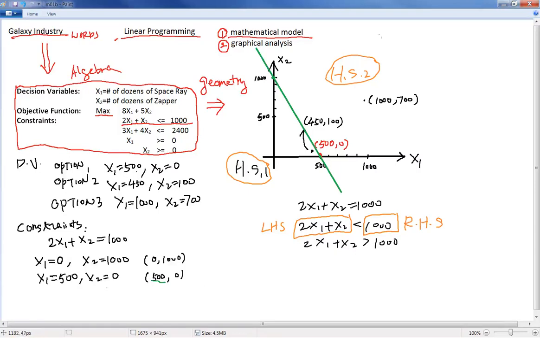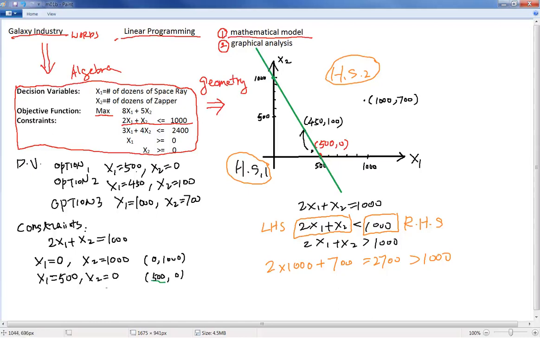So let's just try it. Let's pick this point that we discussed earlier. Let's try 2 times 1,000 plus 700, which is 2,700, which is greater than 1,000. Therefore, this point does not satisfy the first inequality.